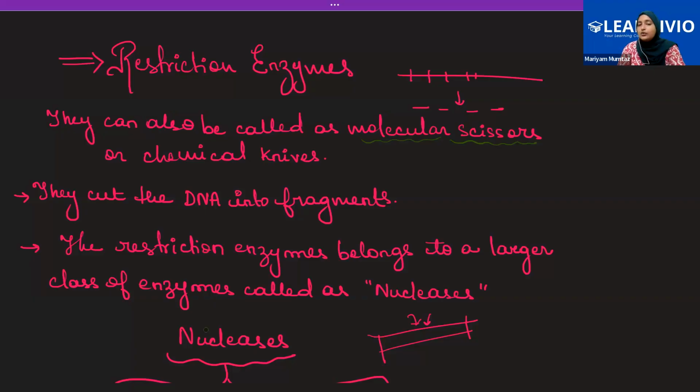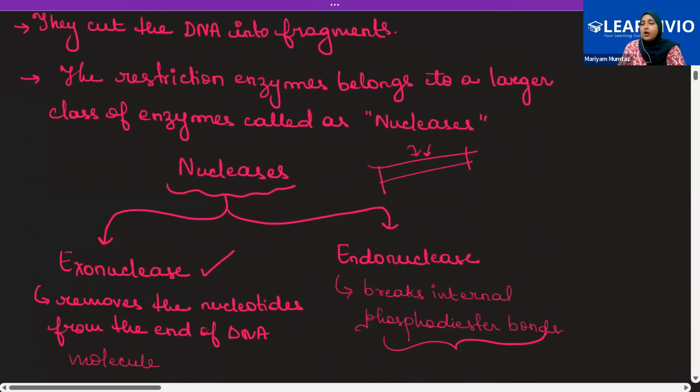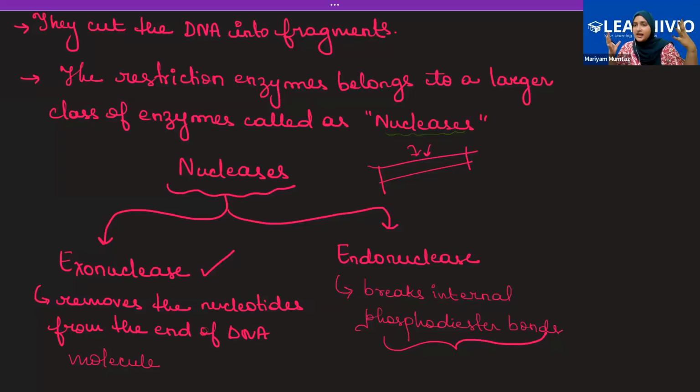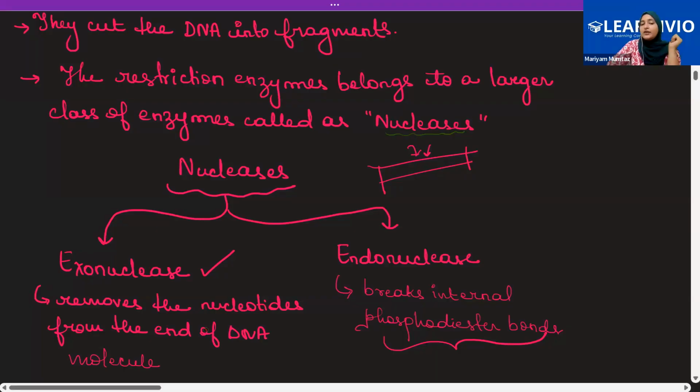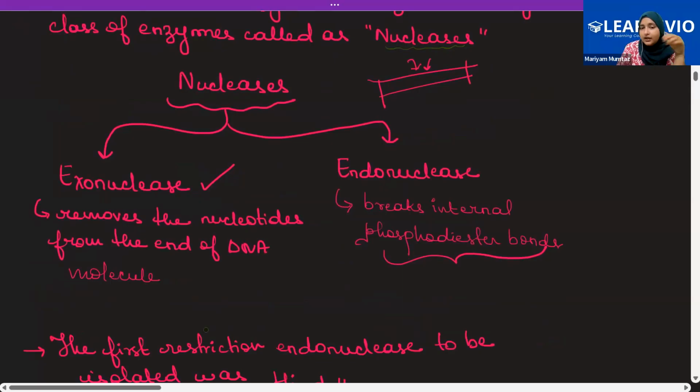Restriction enzymes belong to the larger class of enzymes called nucleases, which are the DNA cutters. They are of two types, depending upon where they make a cut. If they make a cut in the middle, you call it an endonuclease.